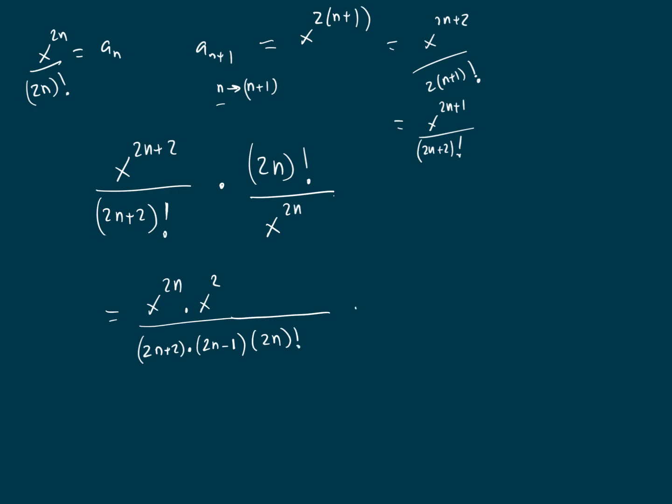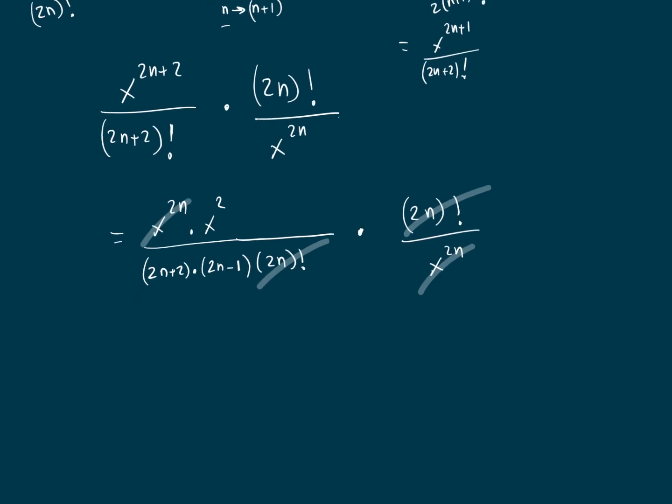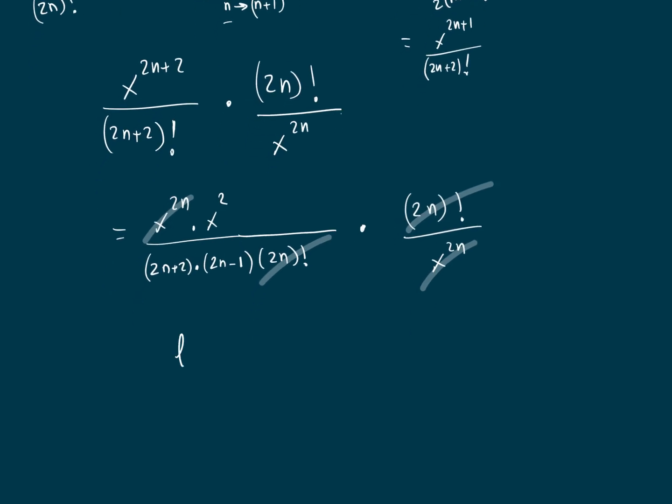Now, multiply by 2n factorial divided by x to the 2n. The x to the 2n will cancel here and the 2n factorial will cancel here. So I will have the limit when n goes to infinity of a sub n plus 1 divided by a sub n, and what I want to find is the limit when n approaches infinity.